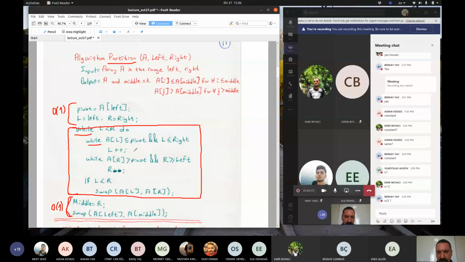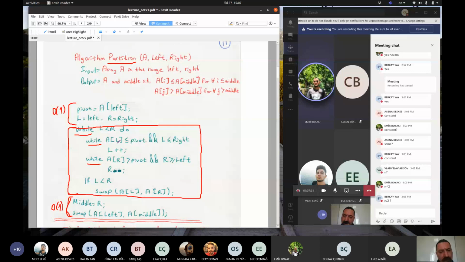It's going for searching the pivot, for A[L] less than or equal to the pivot, and L is less than or equal to the right. So if we have n elements in the array, isn't it going for n over 2 elements? Mm-hmm. The same is true for the other one, you say?